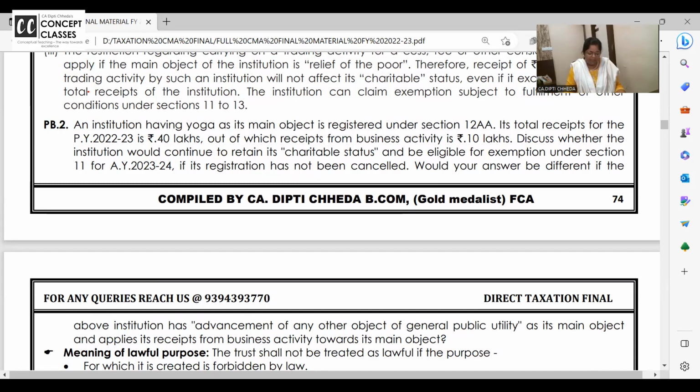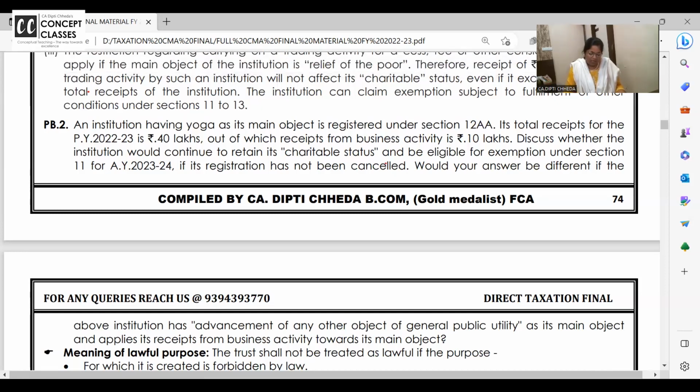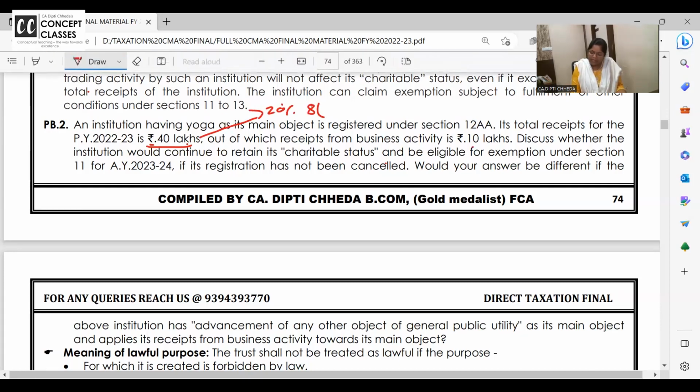Now discuss whether the institution would continue to retain its charitable trust and be eligible for exemption under section 11. Okay. So what is the total receipts? 40 lakhs. Look at the screen. And what is their business income? 20% of 40 lakh means it should not be more than 8 lakh, so it is 10 lakh.